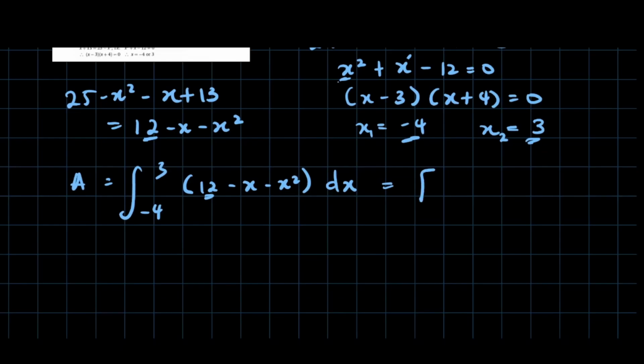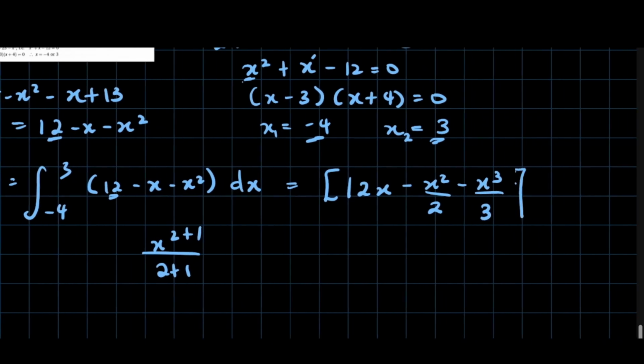The integral of 12 is 12x. The integral of x is x squared over 2, and the integral of x squared is x cubed over 3. And don't forget your limits.